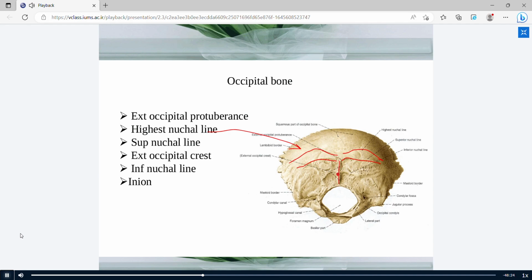There is another line, the inferior nuchal line, located at the midpoint of the external occipital crest. On the external occipital protuberance, the central point of the prominence is the inion. Actually, the inion is the central or most prominent point of the external occipital protuberance.